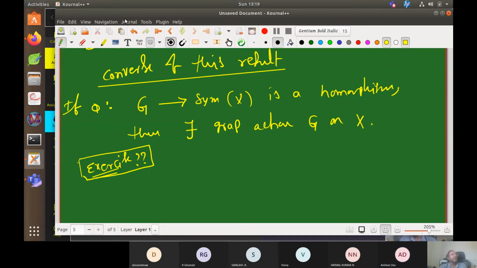First of all, there is a set, Hom(G, Sym(X)), the set of all homomorphisms. If G1 and G2 are two groups, consider the set of all homomorphisms from G1 to G2. Is it a group?